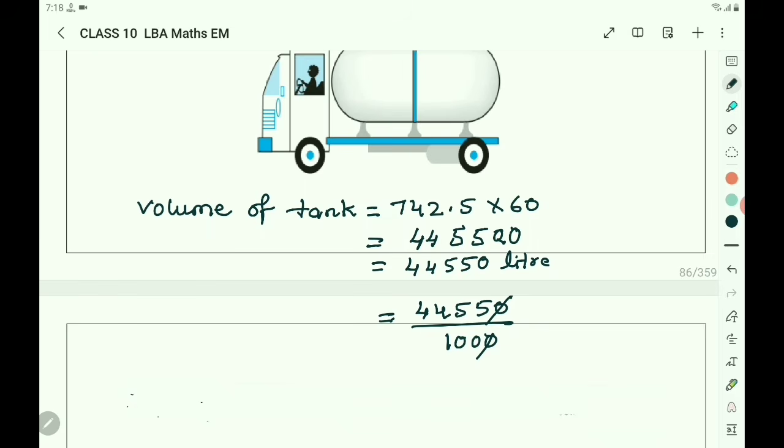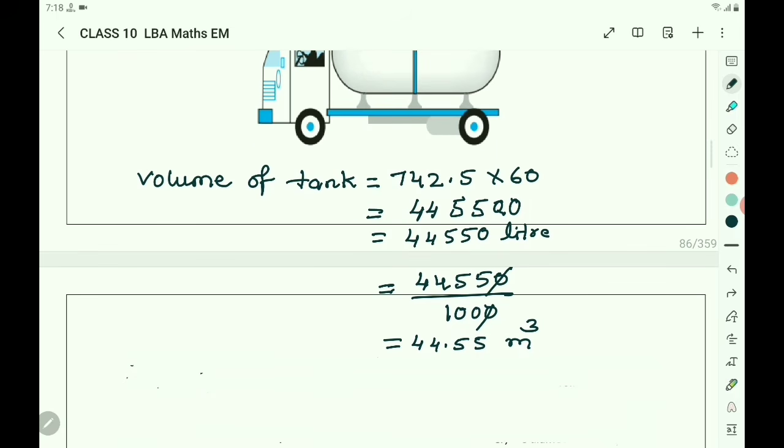Then here 2 zeros are there. Then you will get 44.55 m cube. That is the volume of petrol in terms of cubic meter. So you got that, that is the volume of the tank.